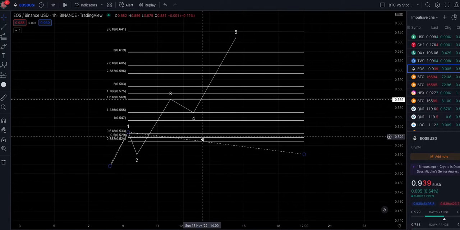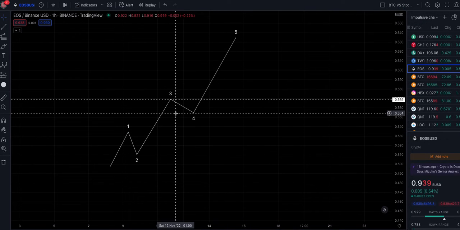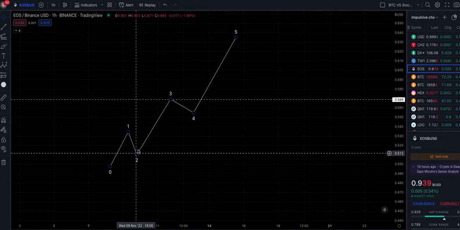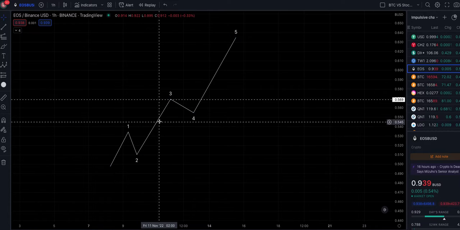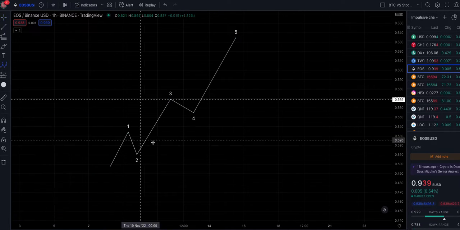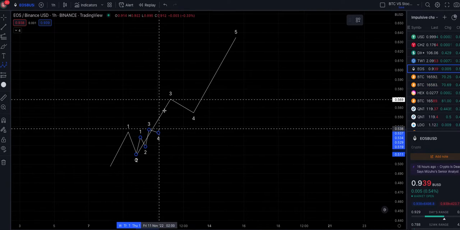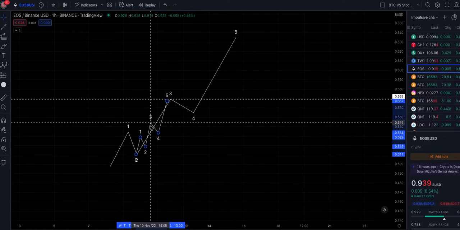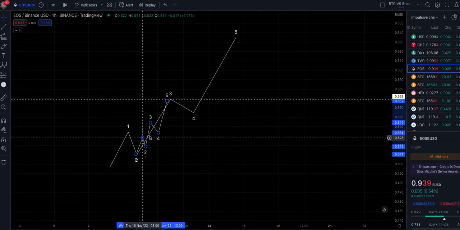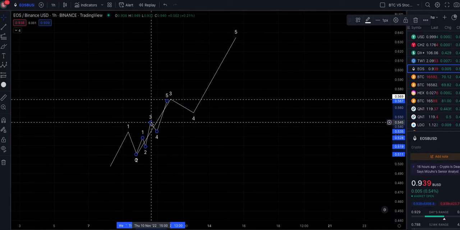All right. So once you've got this wave 3, which is played out, and in here you can count 5 internal waves, which I already showed you, like this: 1, 2, 3, 4, 5, with no overlaps, because you don't want wave 4 to come into the region of wave 1.